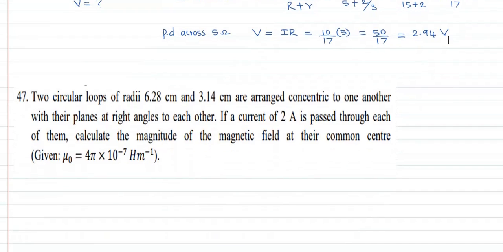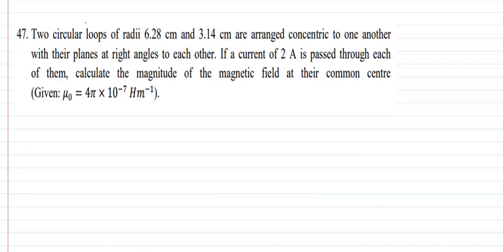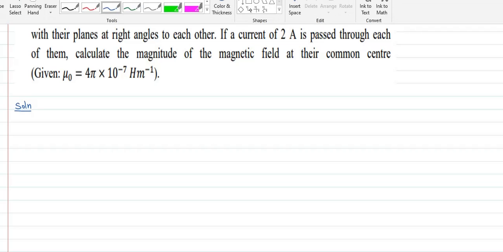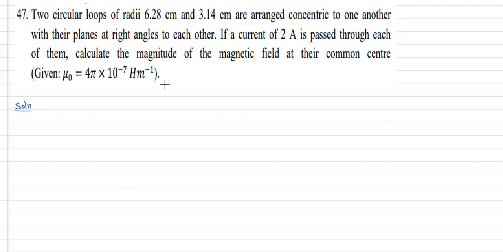Next, two circular loops of radii 6.28 centimeters and 3.14 centimeter are arranged concentric to one another with their planes at right angles to each other. So I will have a rough diagram. One circular loop is there, circular loop 1.